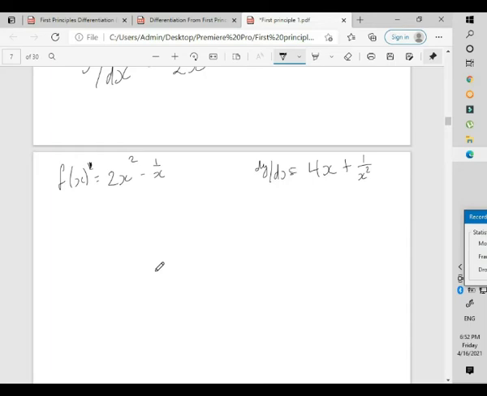That's a quick rule when it comes to working that problem out. Alright, so let's start on this adventure. dy upon dx is equal to the limit as h approaches 0 of 2 times x plus h squared, I will have to work this slow, minus 1 over x plus h, minus 2x squared minus 1 over x.